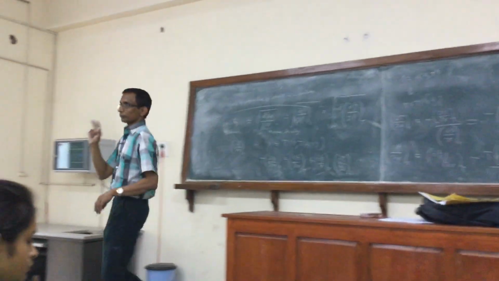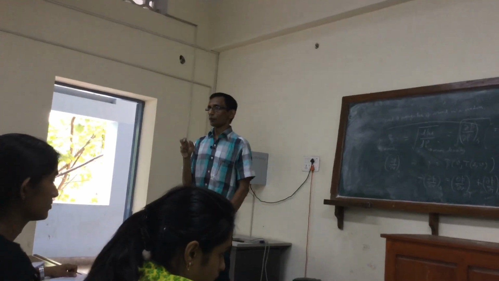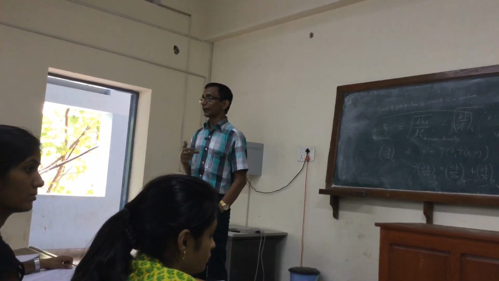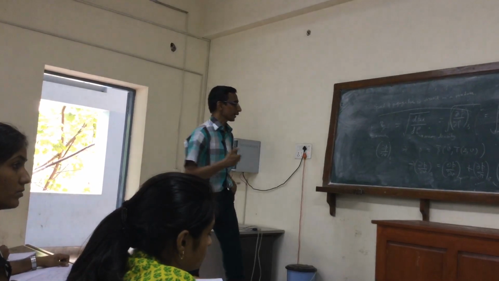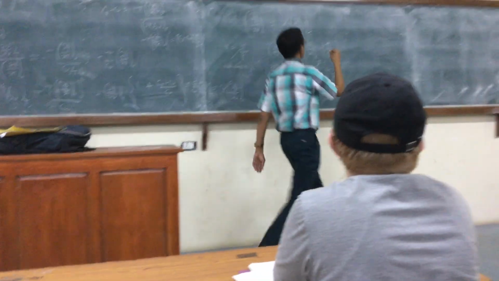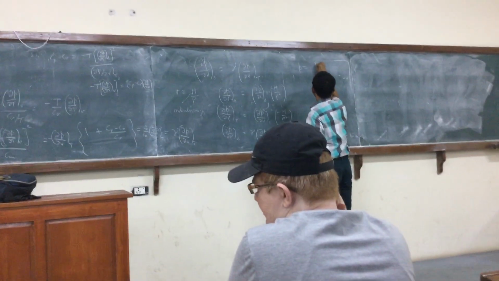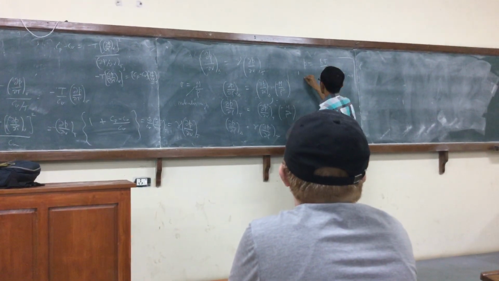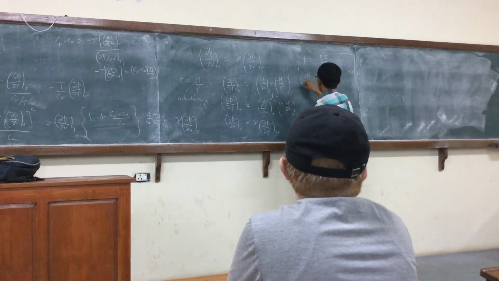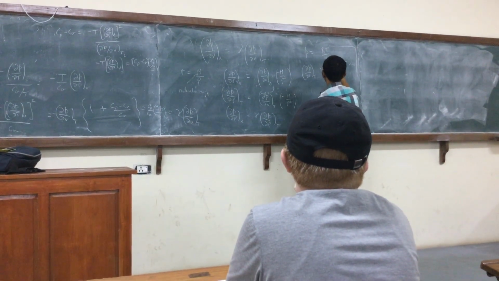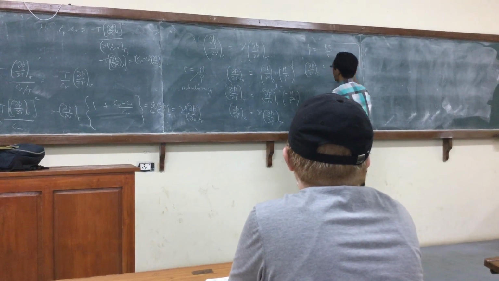So the important relevance of this for us would be when the gas is an ideal gas. When the gas is an ideal gas, then we can easily write P equal to RT by V, right? So dP by dV at constant temperature is minus RT by V squared.